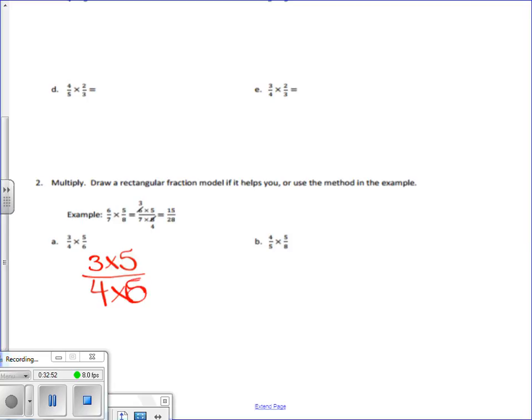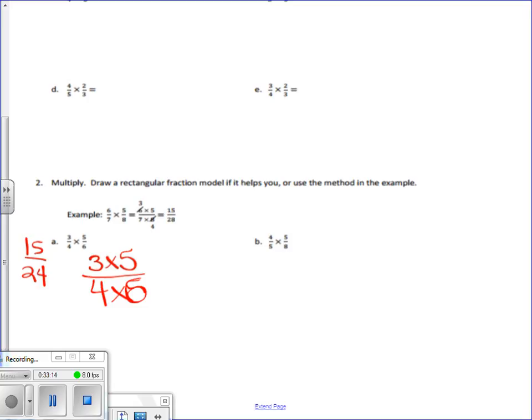Okay, so I can just go ahead and multiply it if I want to. I can, where I would end up with 15 over 24, and then I'm stuck having to simplify.